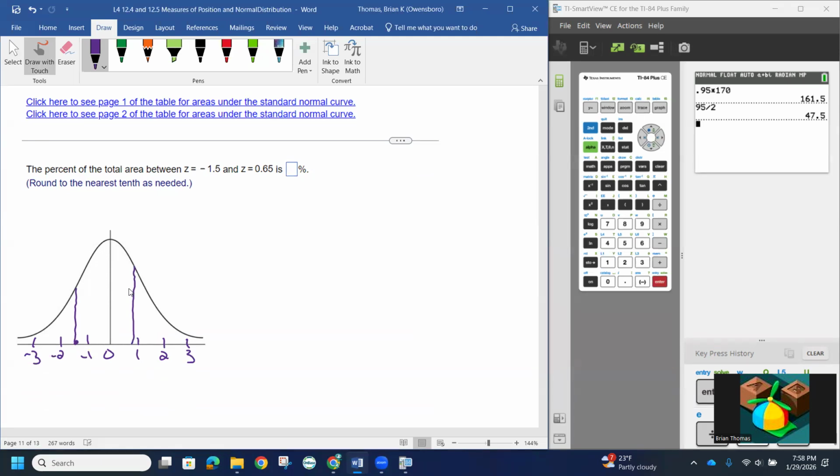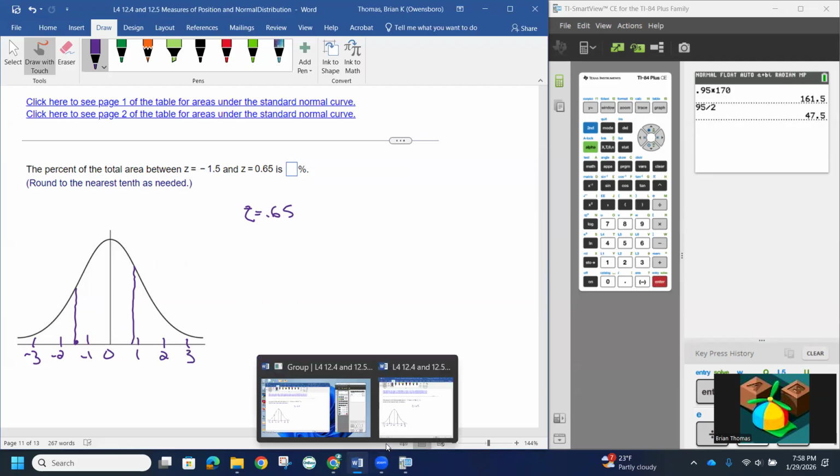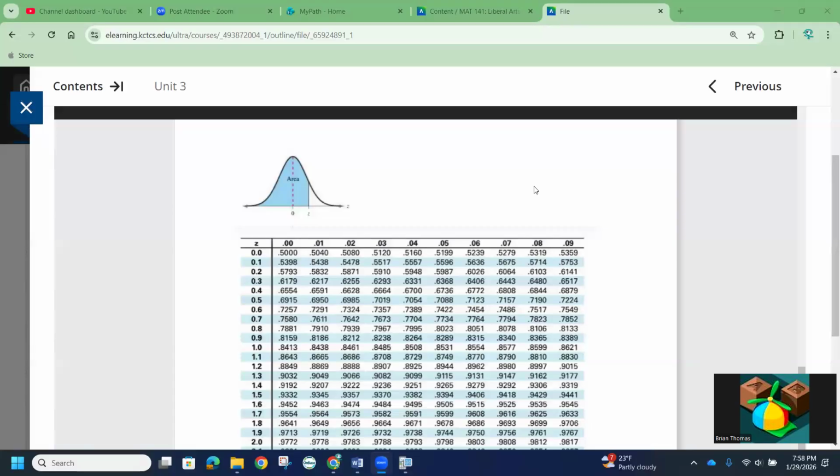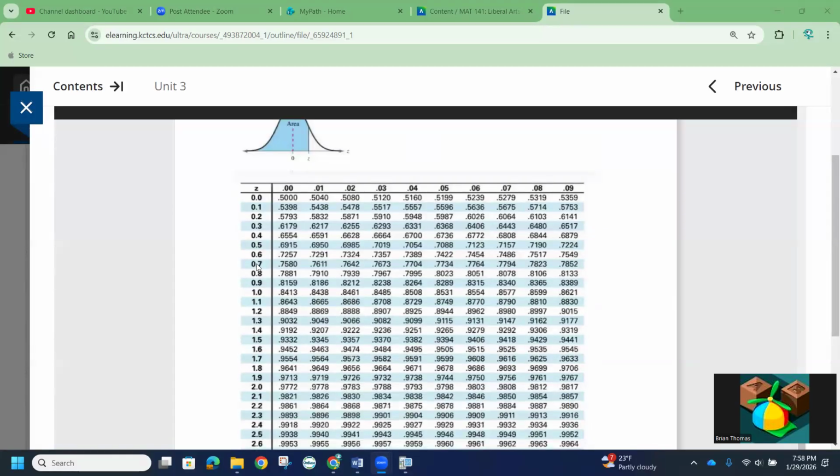If we start with the z-score of 0.65, that's going to tell us the area from all the way over here to 0.65. Let's find that one first. I'm looking for a z-score of 0.65 in my table. There's 0.6, and if I go to 0.65, I'm getting 0.7422.